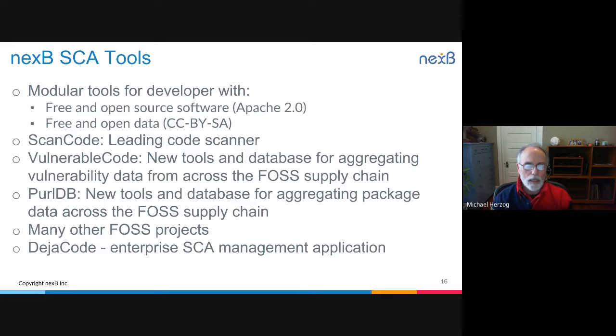VulnerableCode is a bit newer, but what we're doing here is there's both a set of tools and a database that we host online to aggregate vulnerability data. So there's data from large organizations like the National Vulnerability Database in the US, which is probably the grandfather here. But there's lots of other important information that can be coming from individual open source projects, from package repositories like NPM or Maven, from source code repositories like GitHub or GitLab.